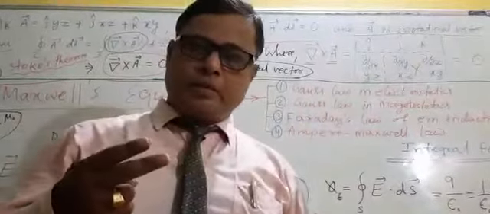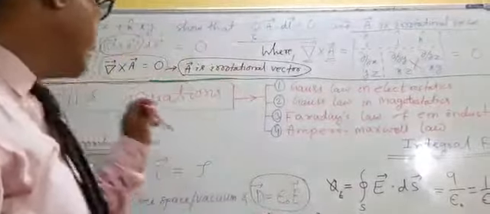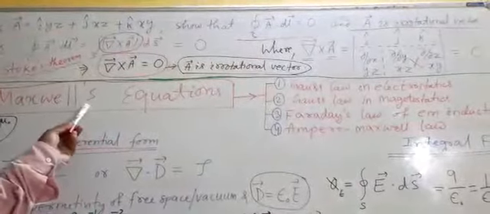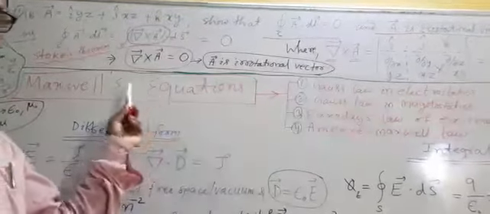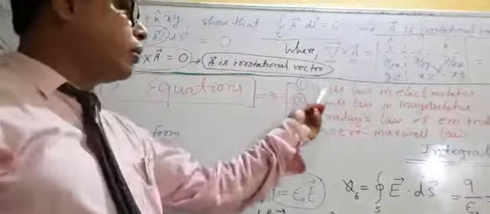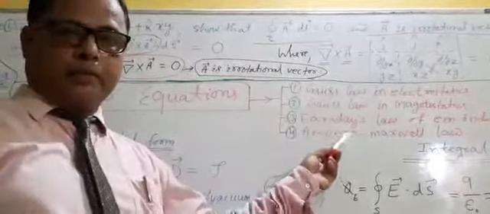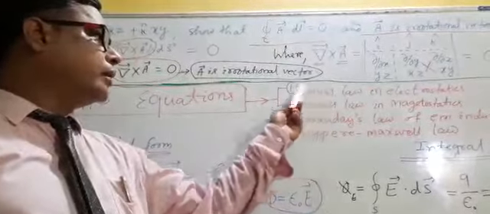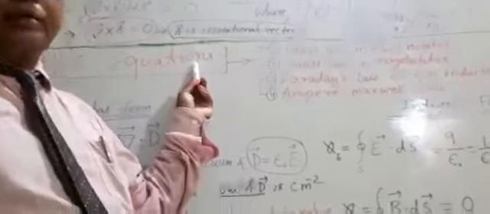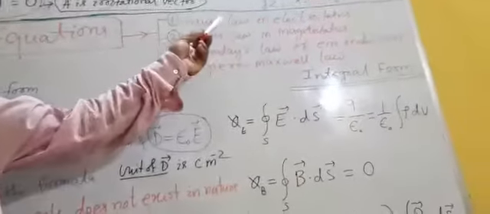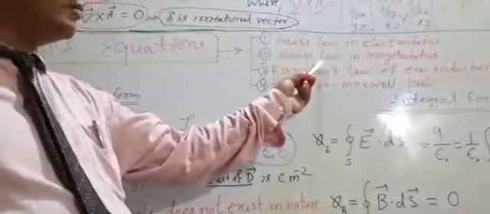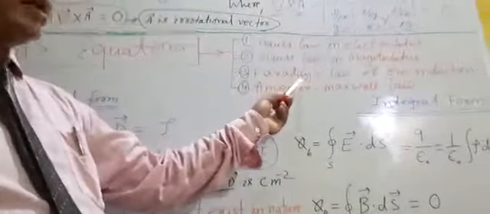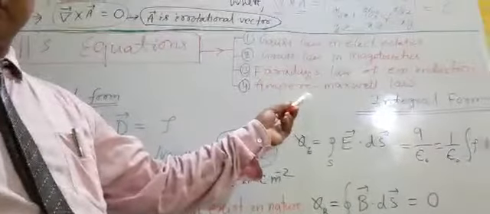Next part is Maxwell's equations. The second part of this unit 3 is Maxwell's equations. And Maxwell's equations are derived from 4 laws. Already in my last video I explained that they are derived from Gauss law in electrostatics, Gauss law in magnetostatics, Faraday's law of electromagnetic induction, and Ampere-Maxwell law.